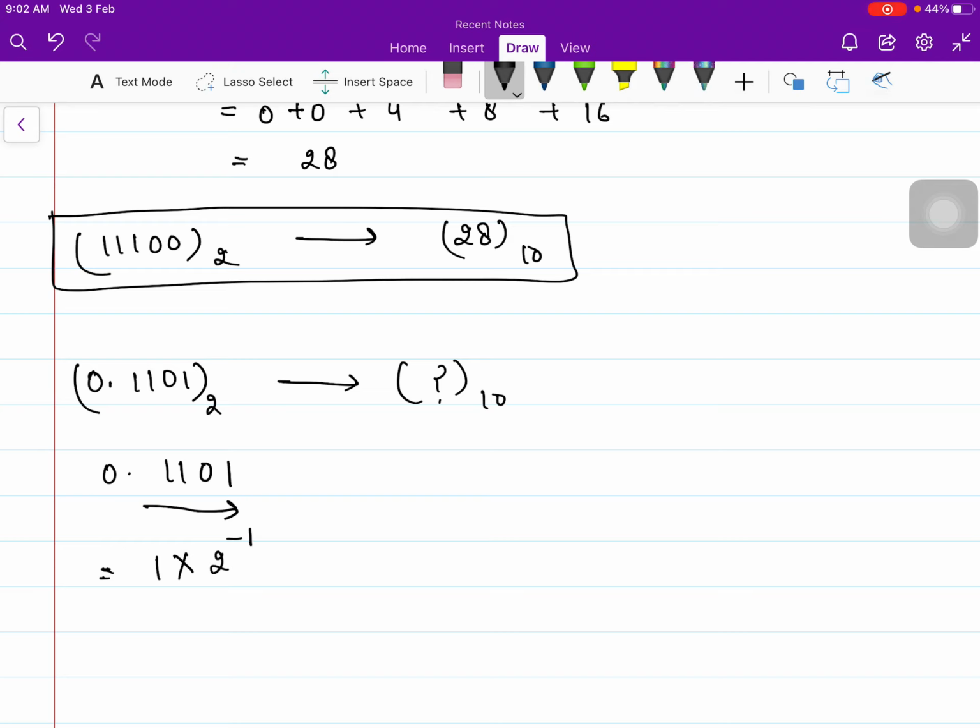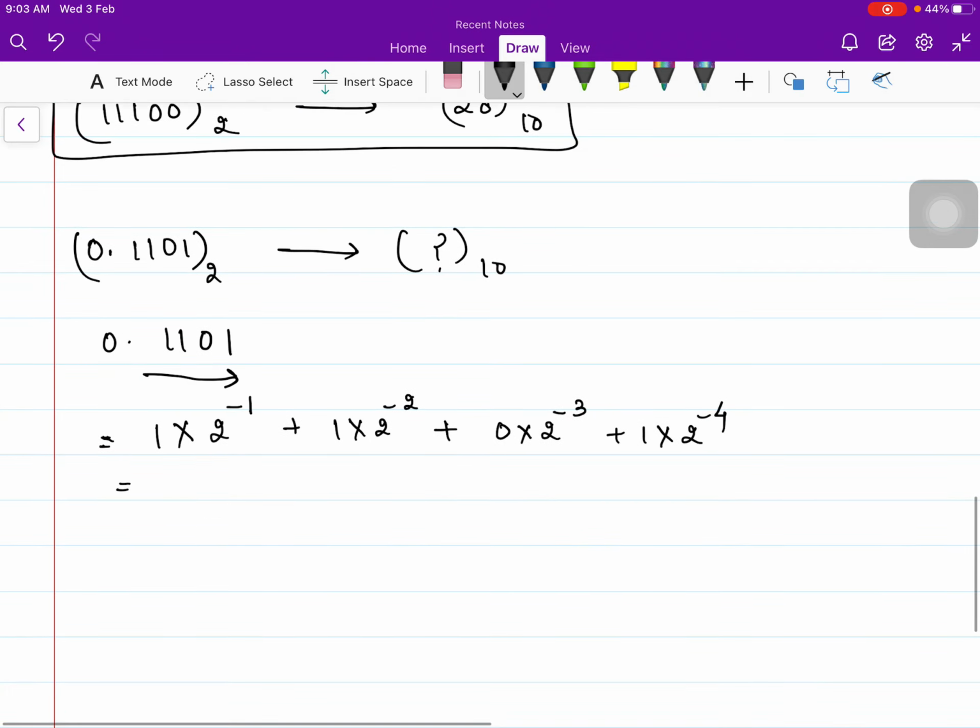Now here the negative powers of 2 will go on increasing. That means 1 into 2 raised to the power minus 2 plus 0 into 2 raised to the power minus 3 plus 1 into 2 raised to the power minus 4. Now it is 1 upon 2 plus 1 upon 4 plus 0 plus 1 upon 16.